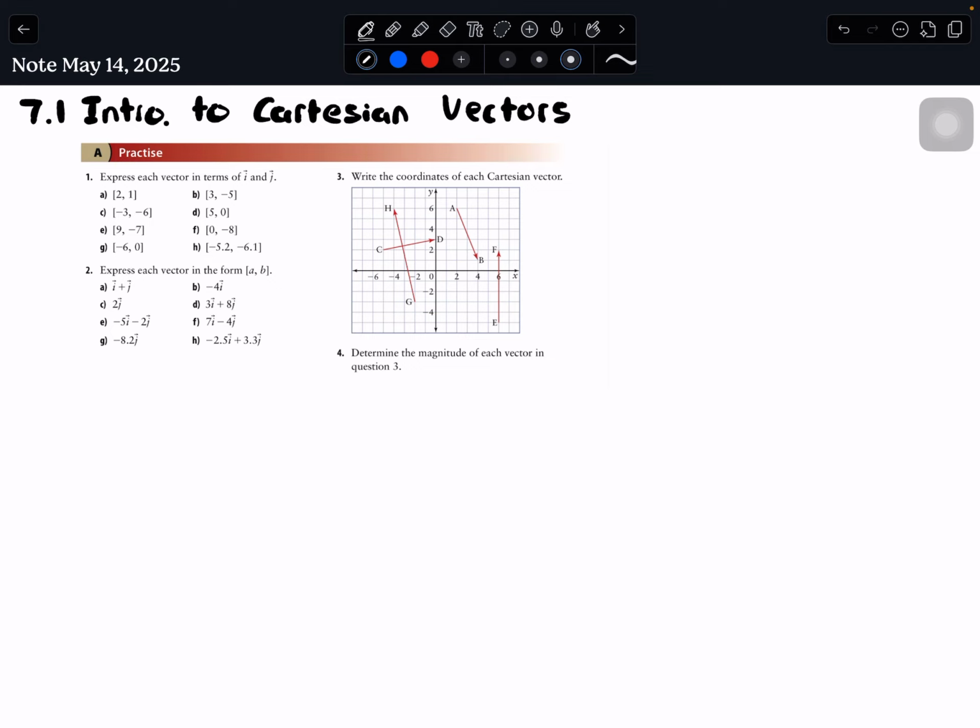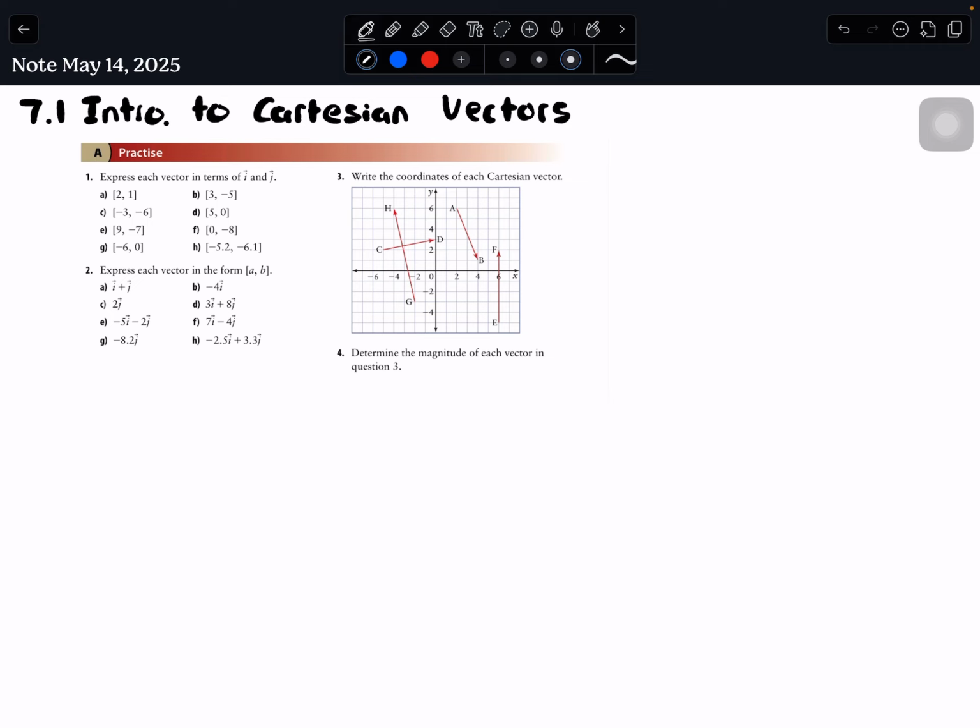All right, let's begin. So I'll also try for these problems explaining the background before I actually delve into the problems themselves. So for question 1, it's saying express each vector in terms of i and j. Well, that's pretty simple to understand, I would say.